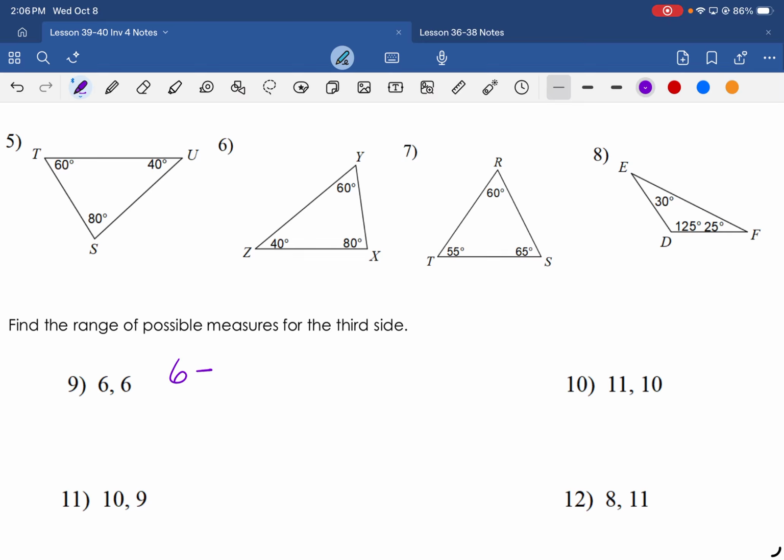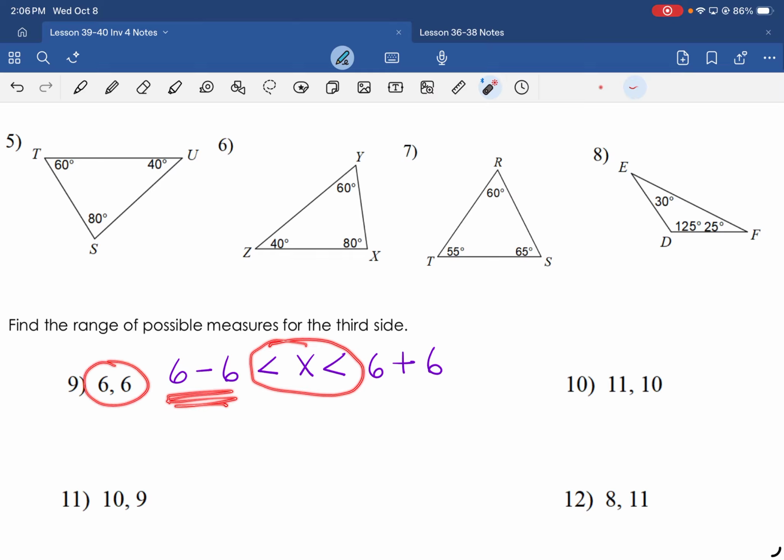Do 6 take away 6 less than x less than 6 plus 6. Take a second to examine this, because I know I went kind of fast. First of all, you're always going to have this in the middle. Do y'all see that? Less than with x in the middle. And then on the left, you're going to subtract these two numbers. And on the right, you're going to add those two numbers. So do you see the pattern of what I did there?